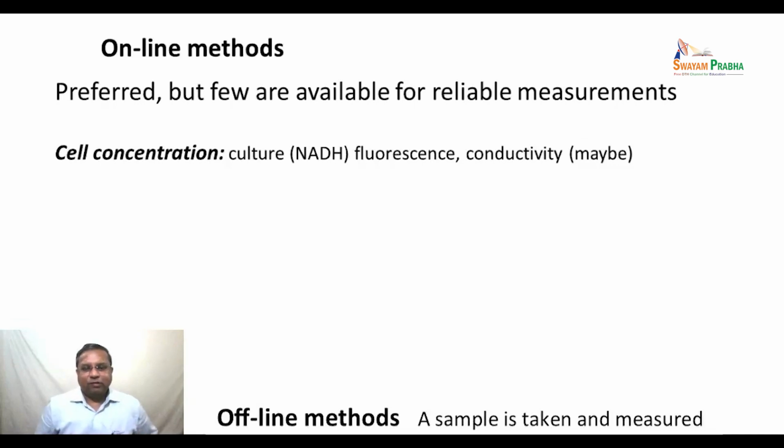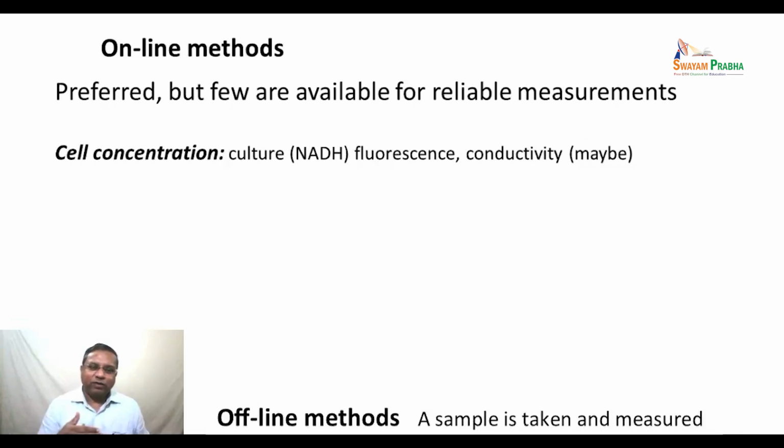the NADH fluorescence change. What is typically done is the fluorescence measurement probe is placed in a special well in the bioreactor. This is an optical probe. Before that, I need to tell you that the optimal wavelength pair for NADH is, let's say, 340, 460 nanometers.